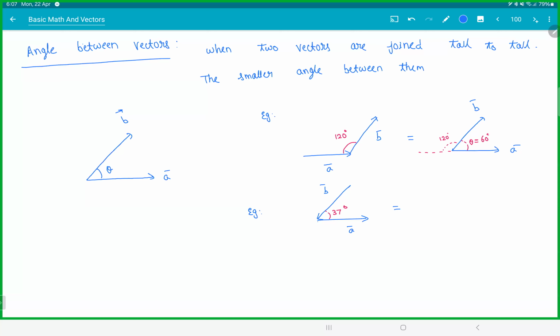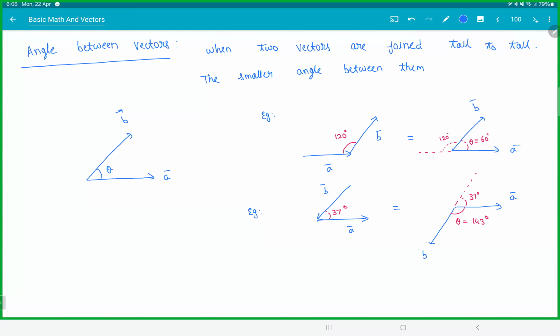You can type in the chat box here. Right. So I can keep a bar like this, push the b bar downward. So this was 37. So this would be theta, which is 180 minus 37, 143 degrees. I hope everyone is clear with this. Angle between vectors is how to join them tail to tail. So be careful with that.